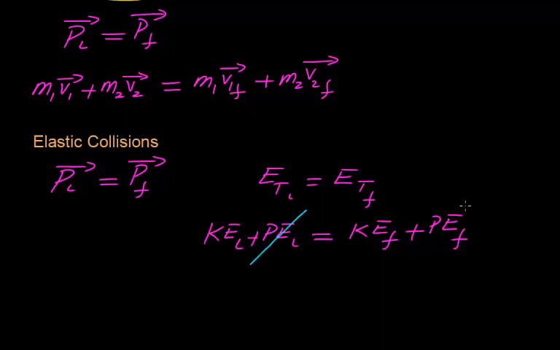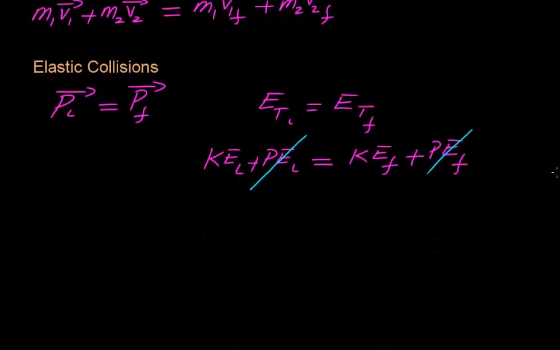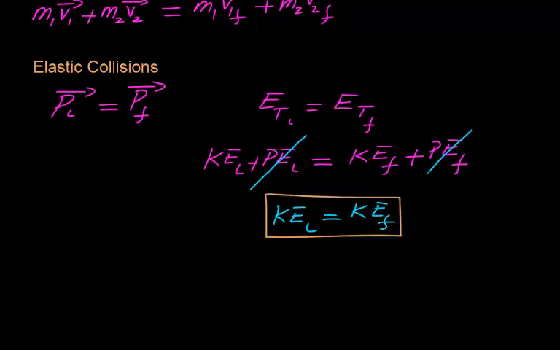Therefore, you drop the PEs, and the final simplified relationship is going to look like KE initial equals KE final. One more time, the conserved quantity is the total, but because the potential initial and the potential final are the same, that equation is reduced to a simplified form where only the kinetics are the same.